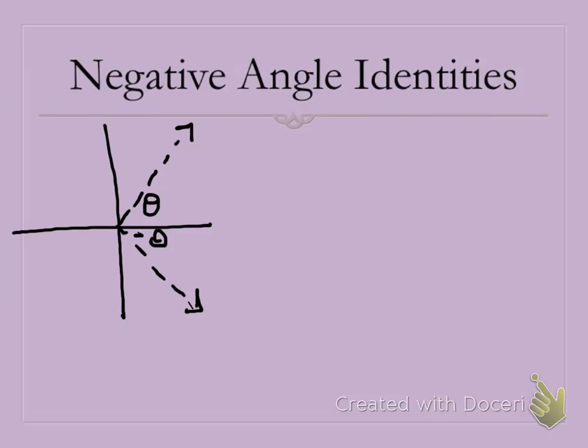Okay, so the question then is, if I take the sine of the negative theta, how does that compare to the sine of the positive theta? Well, if we were to make our triangles again, like we did before, and if we were to consider this to be a unit circle, where our radius was 1, then we know that the y is our sine.